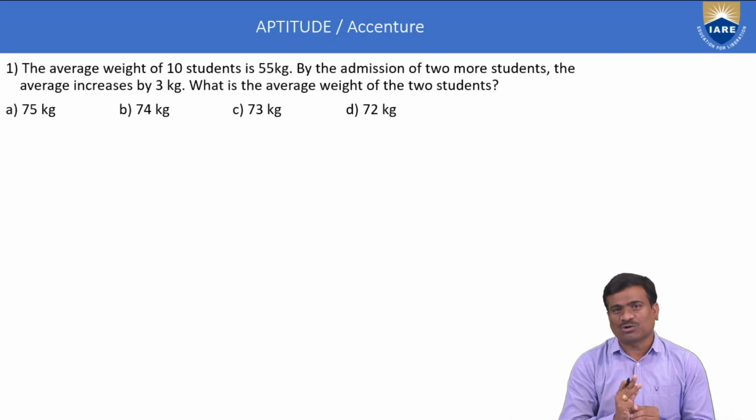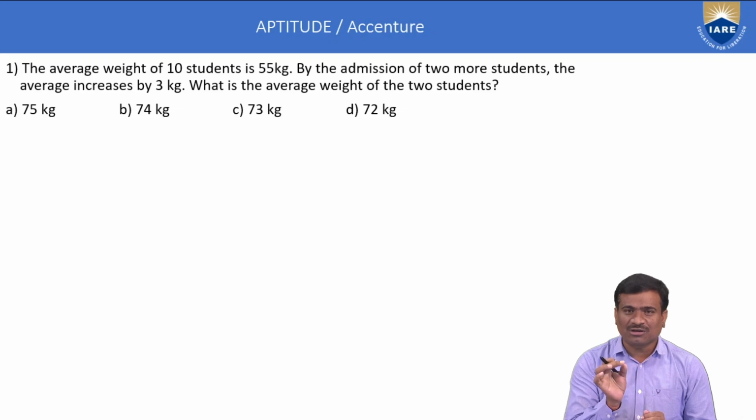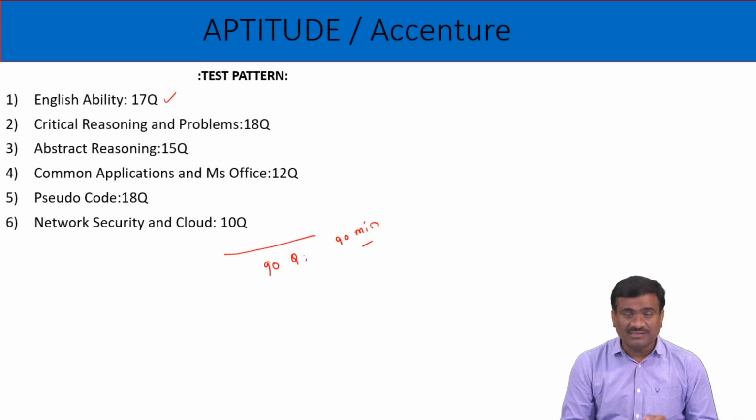First concept, functional grammar. Second, verbal reasoning part. And third one, comprehension passages. Number of questions in verbal ability, 17 questions, 17 minutes. These three concepts are very important to English ability or general verbal ability part.